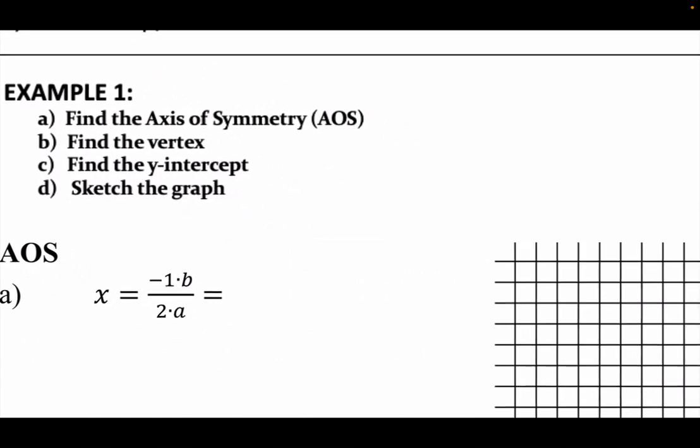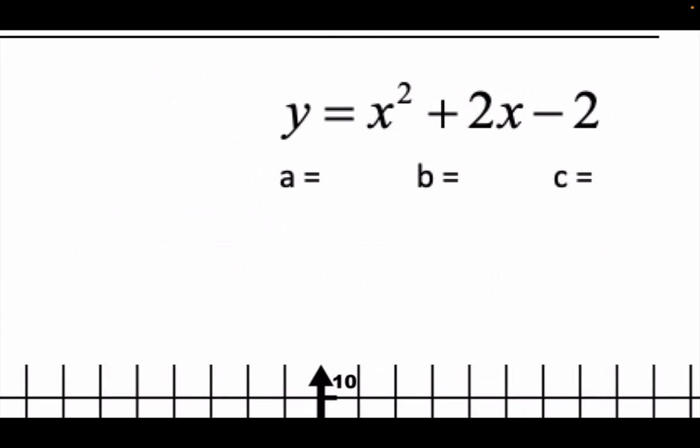Number 1. First we start with the actual standard form. This is in standard form. What is A, what is B, and what is C? That's the first thing we have to do. So what's in the A part? A 1, yeah. Not a 0. Someone said 0 last period.